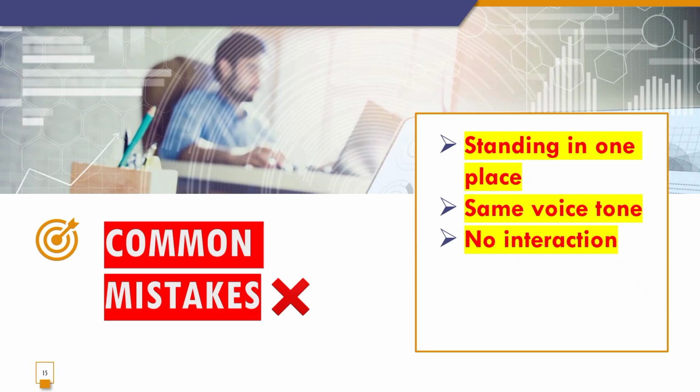No student engagement. Then no teaching aids used. Sometimes teachers prepare teaching aids, but they don't use them in the flow of teaching. So these things should be avoided. And what is the result? The result is a boring classroom. Avoid these if you want to become a great teacher.